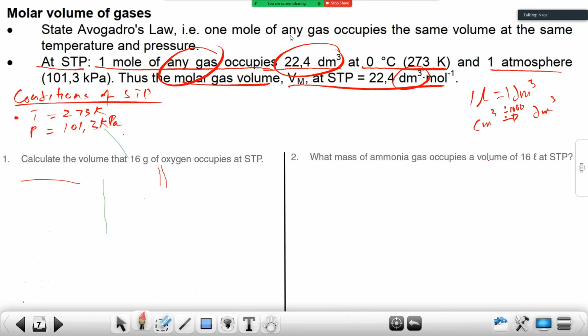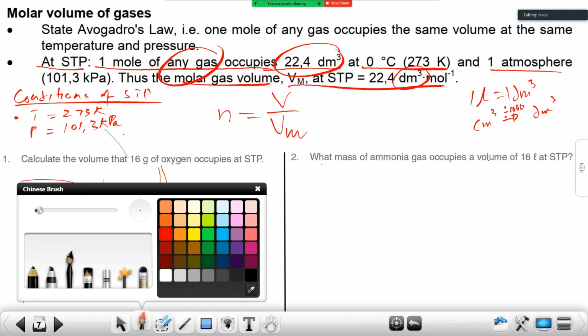But now what is key here? It's n is equal to V over Vm. That is another equation that we are focusing on.